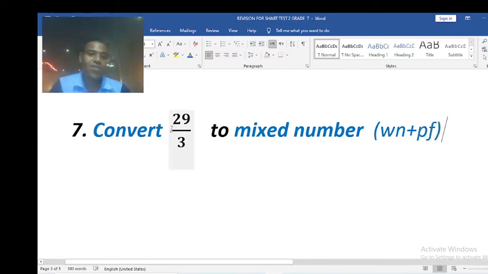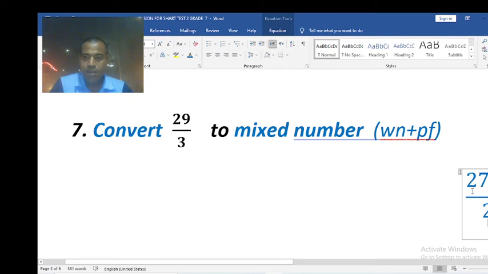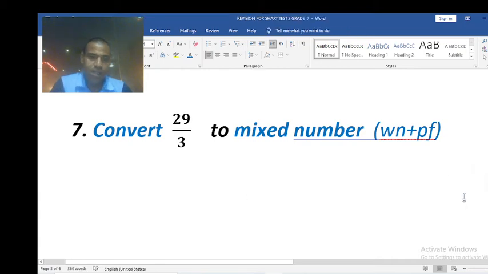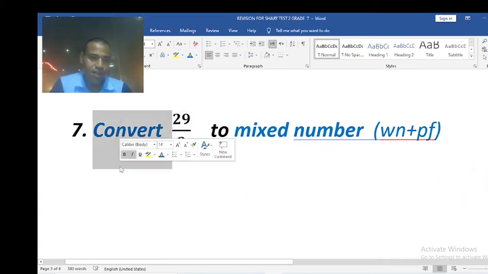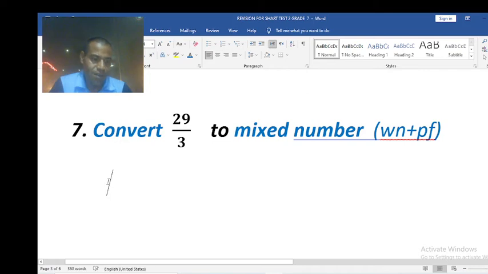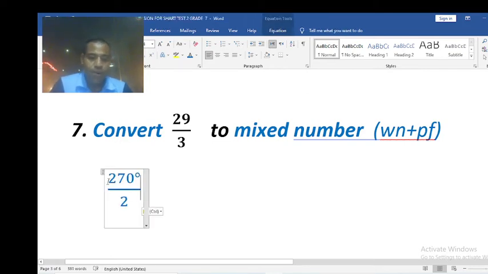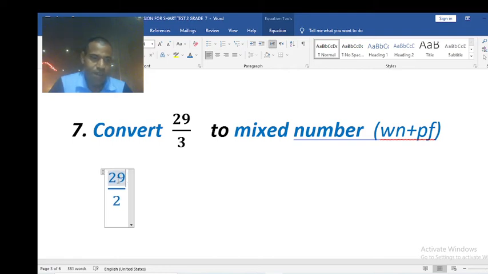So I will just use this one and start converting. Okay, so we have 29 divided by 3.